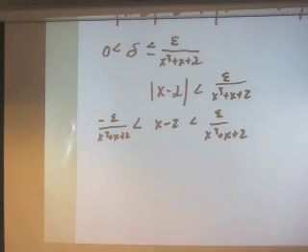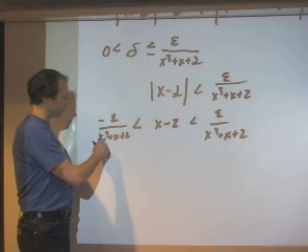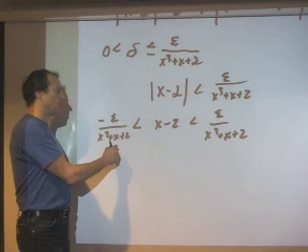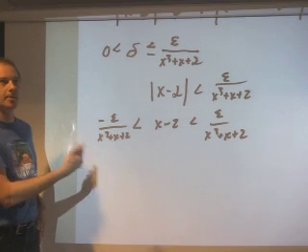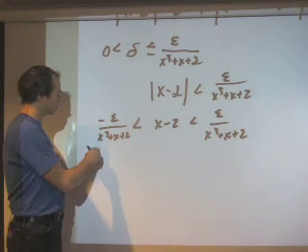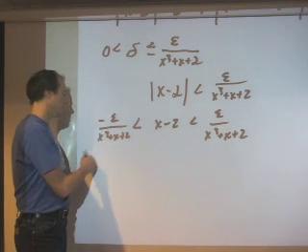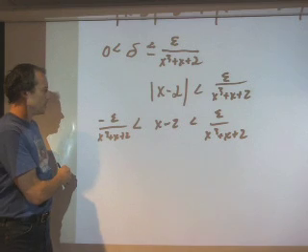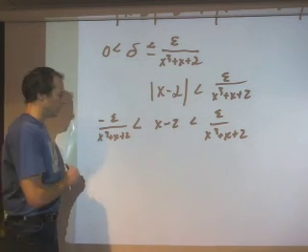Now we can't multiply yet. It's important to notice that this expression x cubed plus x plus 2 is positive for any choice of x that's close to 2, and that's what we're worried about. We're worried about when x approaches 2. For instance, if we were to put in 2, this expression would be equal to 12. If you were to put in 1, it'd be equal to 4. If you were to put in a number like 1.9, it'd still be positive, or 2.1, it'd still be positive.